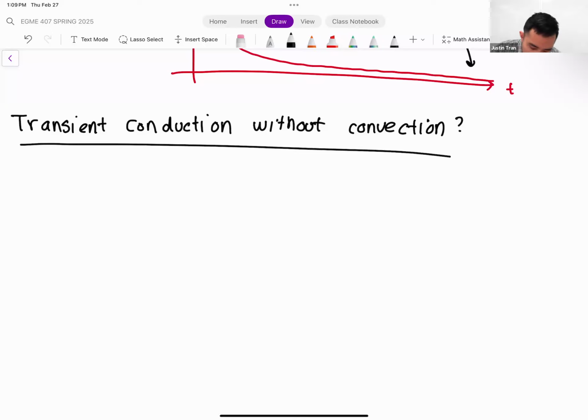Convection is unique in the fact that the amount of convection that occurs depends on the difference between the object's temperature and the fluid temperature.